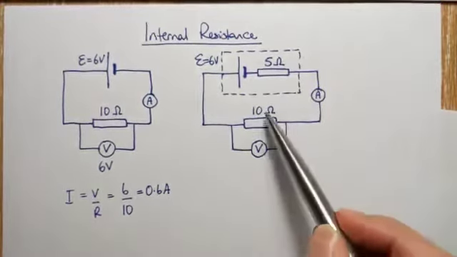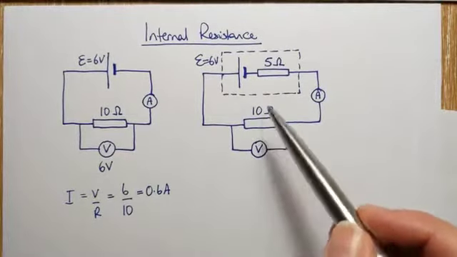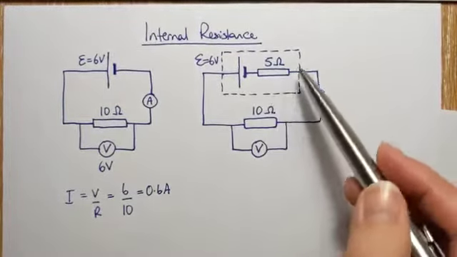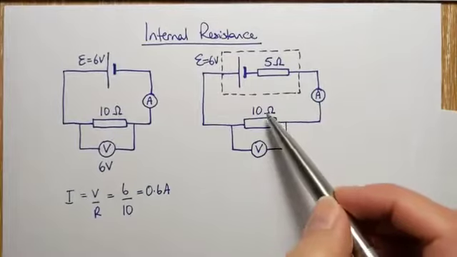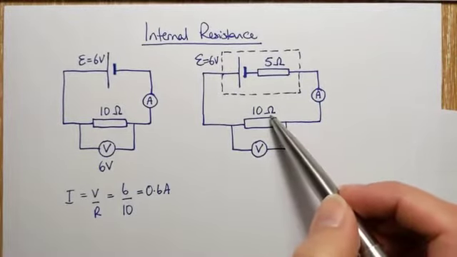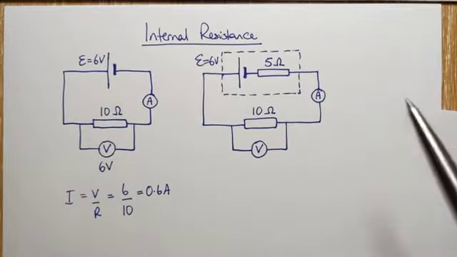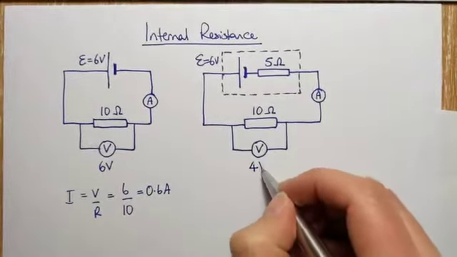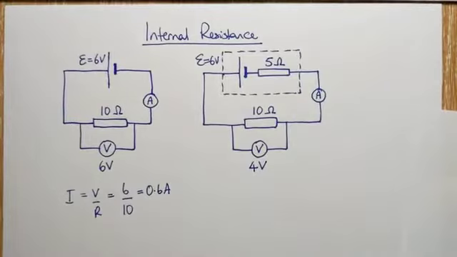And so this resistor is going to get only 2/3, so 10 is 2/3 of 15. So this resistor is going to get only 2/3 of the available PD. So that's 6 as the total available, so it's going to be 4 volts only across this resistor.